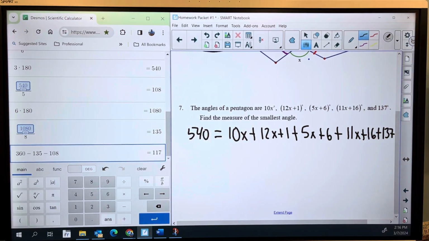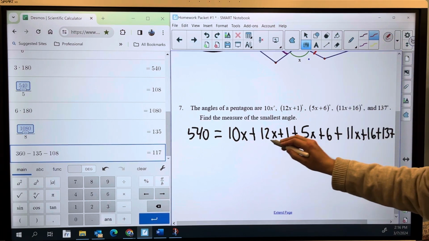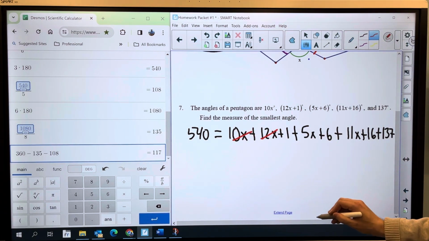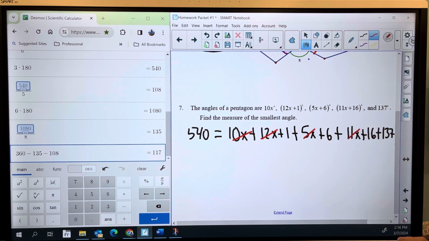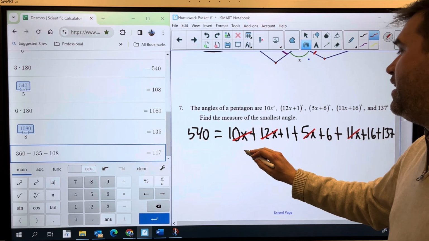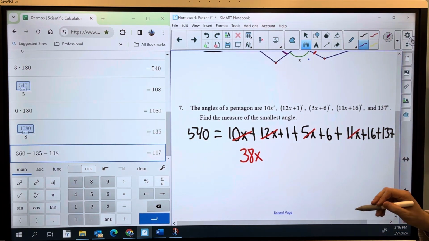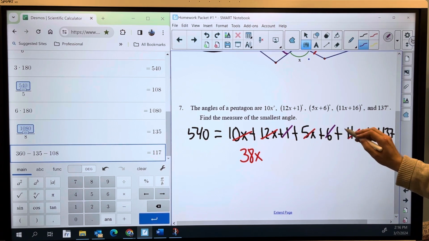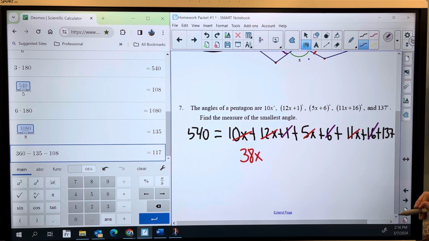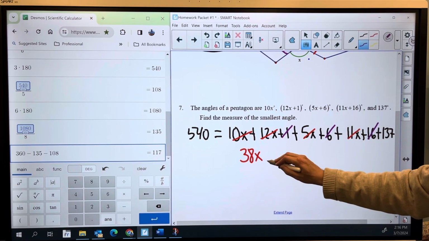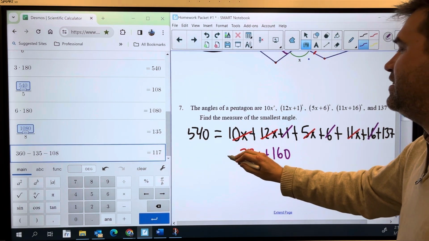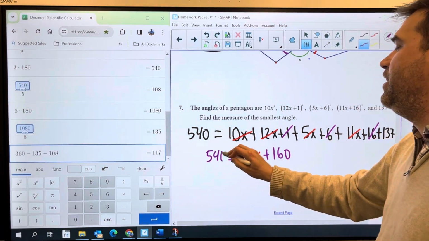If I'm doing my math correctly, I've got to combine my like terms. So I've got my x's. Let's see. 10x, 12x is 22, 27, 38 x's. And then we've got the constants, 1, 7, 23, 160. 38x plus 160 equals 540.